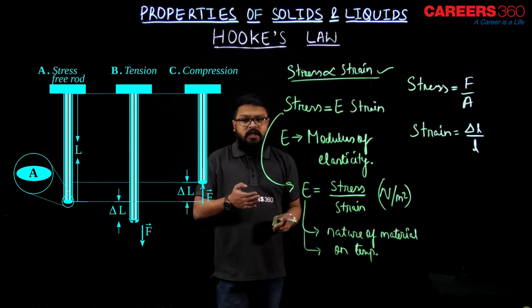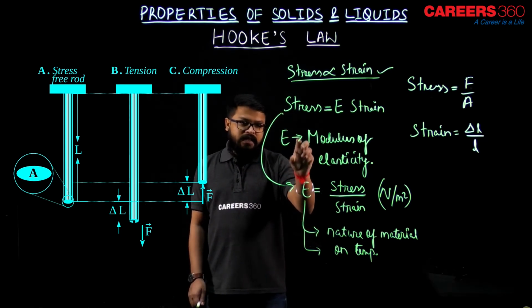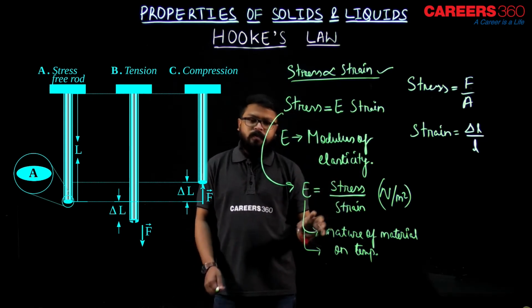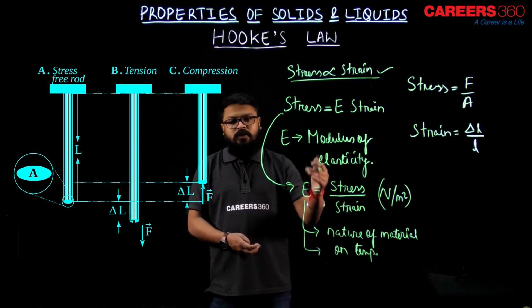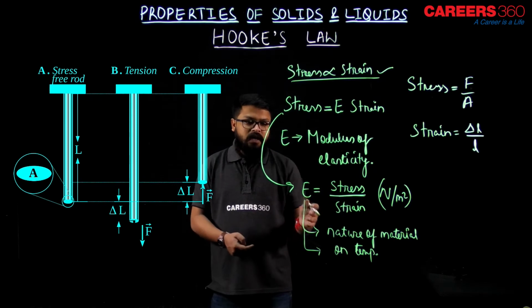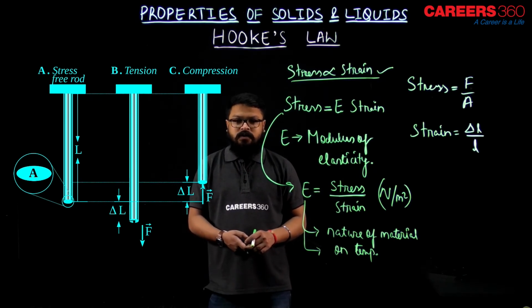So all these three will have three different moduli of elasticity, because E equals stress upon strain. Three types of stress and three types of strain give three types of modulus of elasticity. Let's see what those are.